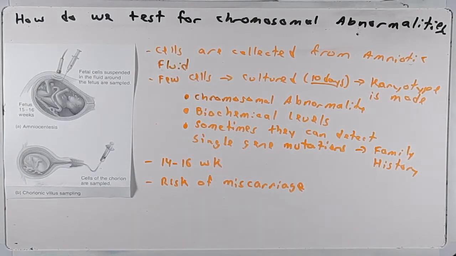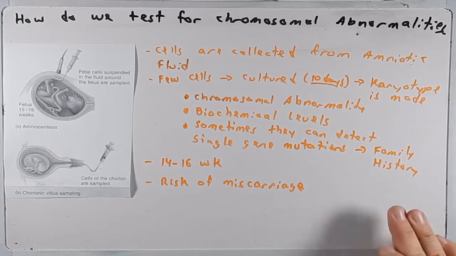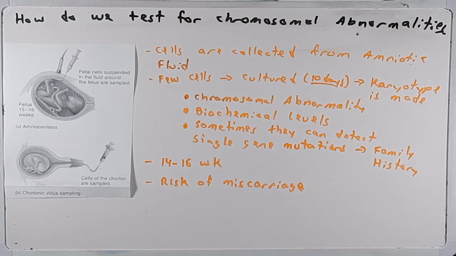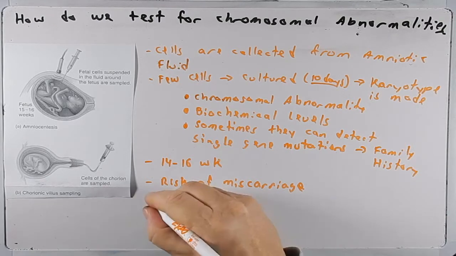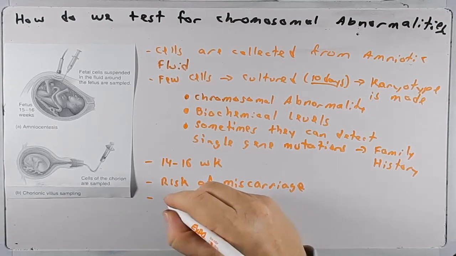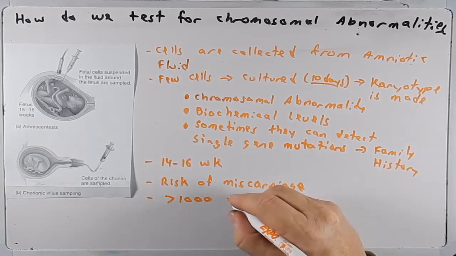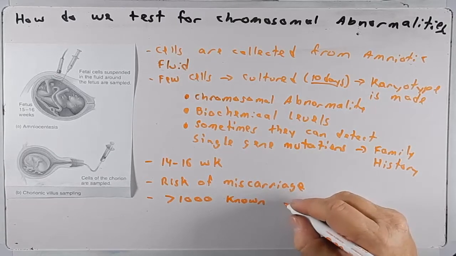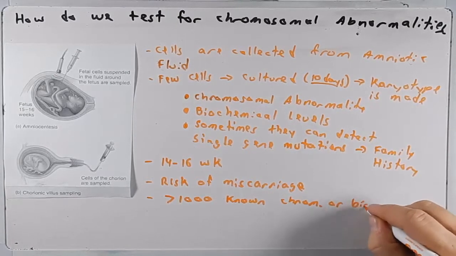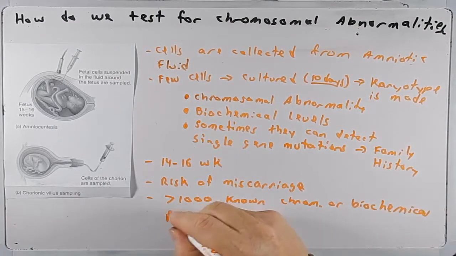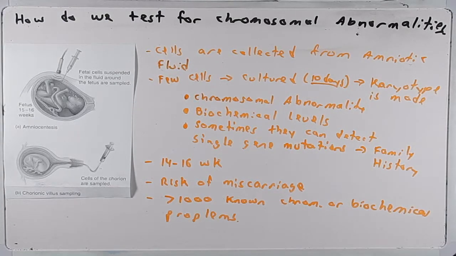And so that's why you don't do an amniocentesis for every 22-year-old, because that risk of a miscarriage is greater than the chance of a 22-year-old having a chromosomal abnormality. Doesn't mean it's zero, it just means that the risk is not high enough. We know that using an amniocentesis, we can detect more than 1,000 different known chromosomal or biochemical problems. So it can't detect everything, but it can detect a lot of things.